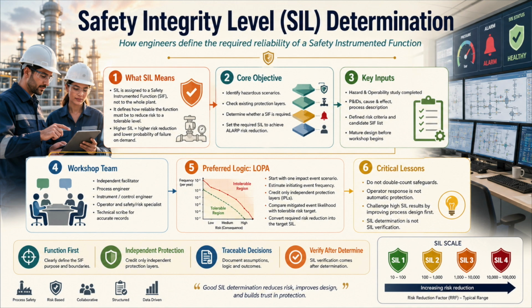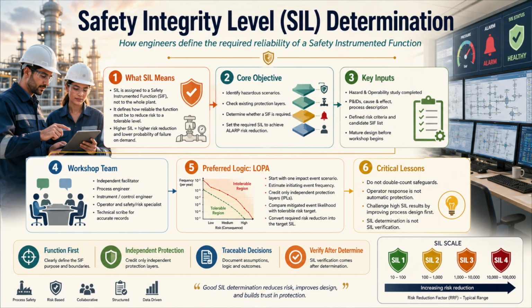When the methodology is applied properly, safety integrity level determination becomes much more than a compliance activity. It exposes hidden dependencies, weak process safeguards, unrealistic operating assumptions, inadequate shutdown actions, and opportunities for inherently safer design. That is the real value. You are not assigning a label to a trip.